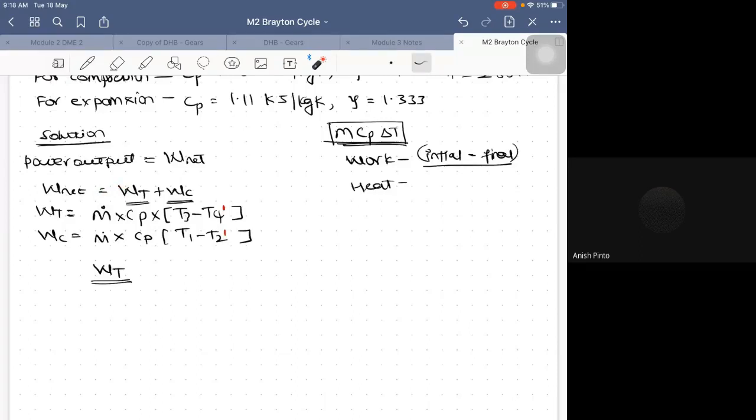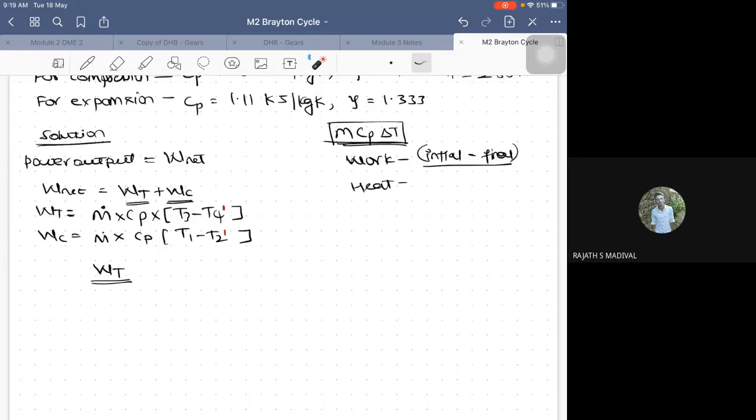Yes, sir. And do I have the value of Cp given for the turbine work, or expansion work? Yes. Do I have the value of T3? Yes, sir. Do I have the value of T4 dash? No, sir. I don't have the value of T4 dash.